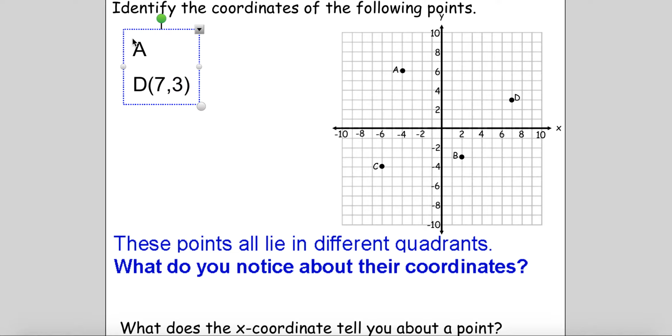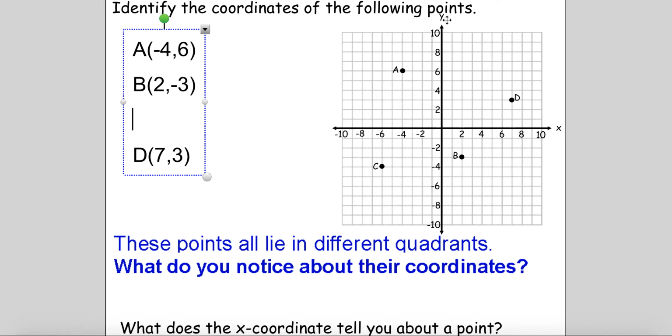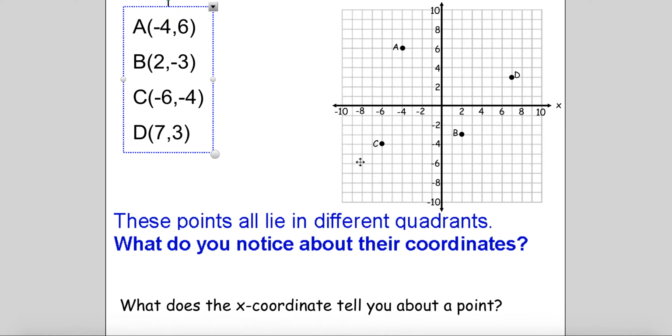So A is -4, 6, x, y. B is 2, -3, to the right 2, down 3. C is -6, -4. And D we've already done, is 7, 3.